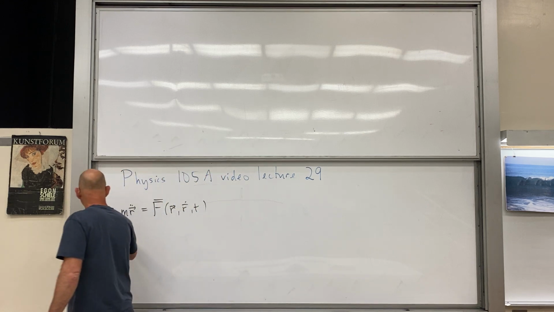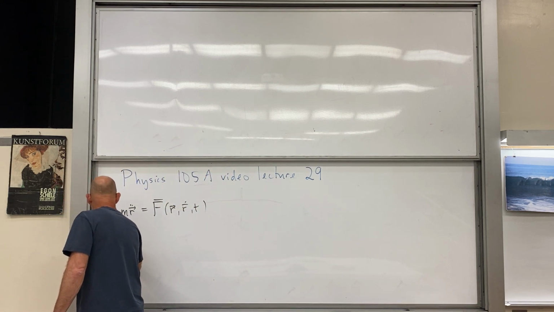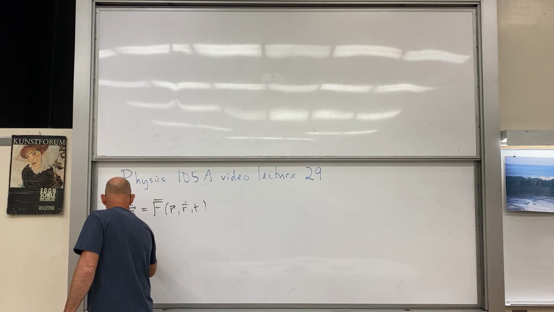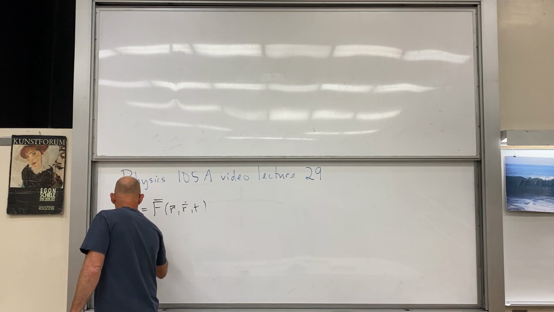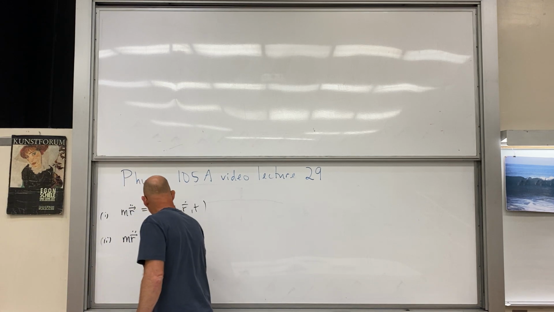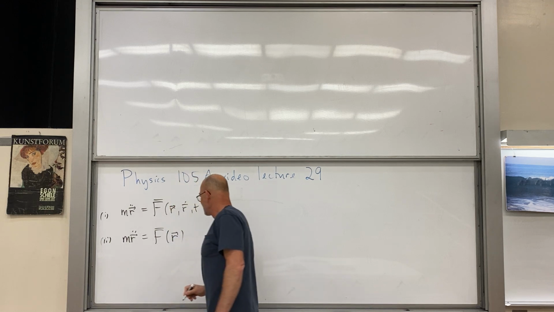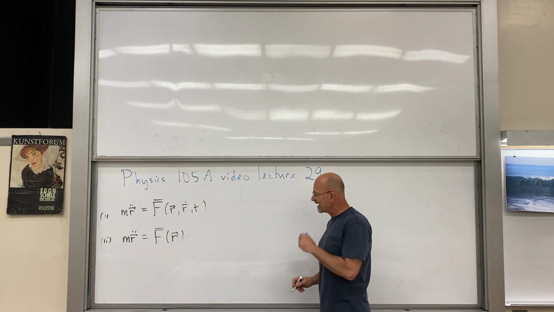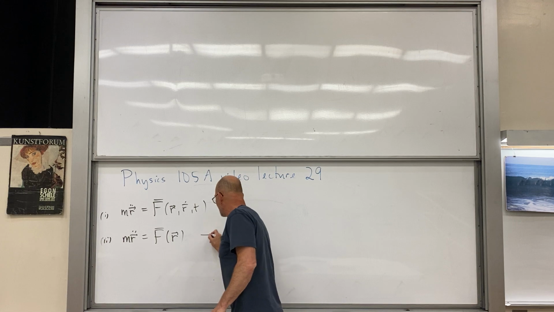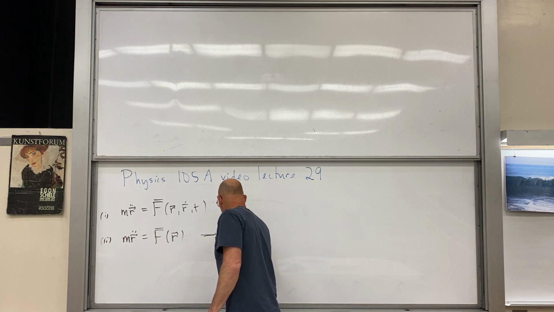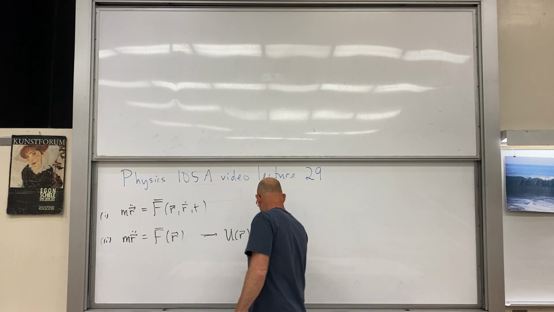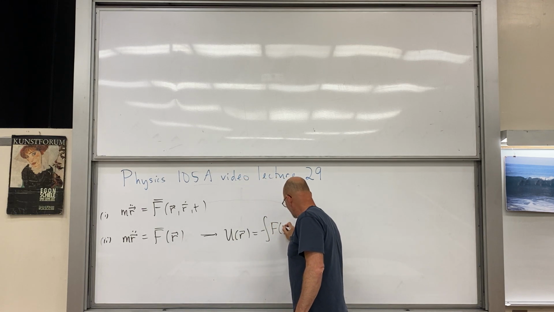So we did some examples. Now we're talking about force as a function of position. And in that case, you can define a potential energy function as this line integral of the force.